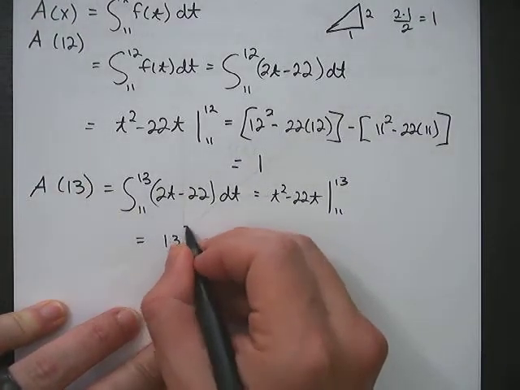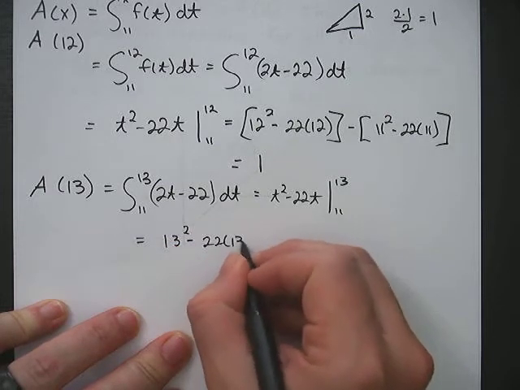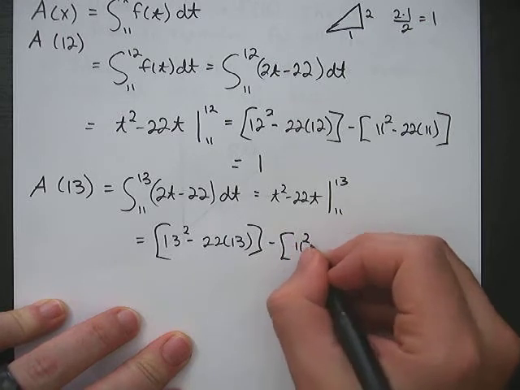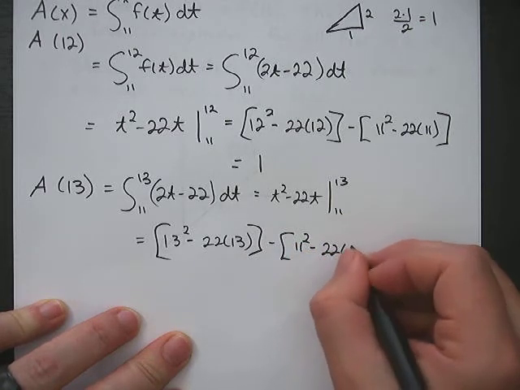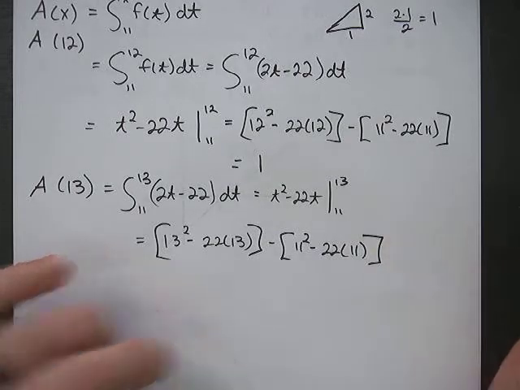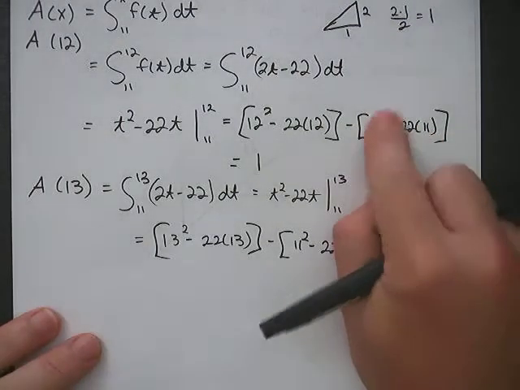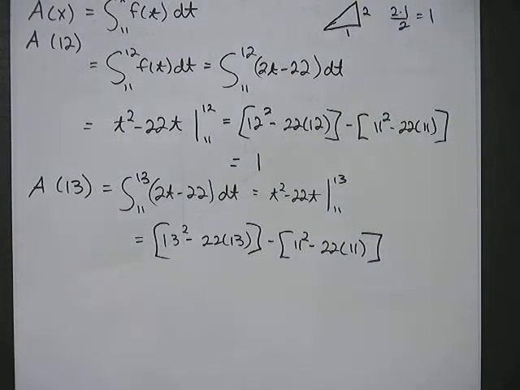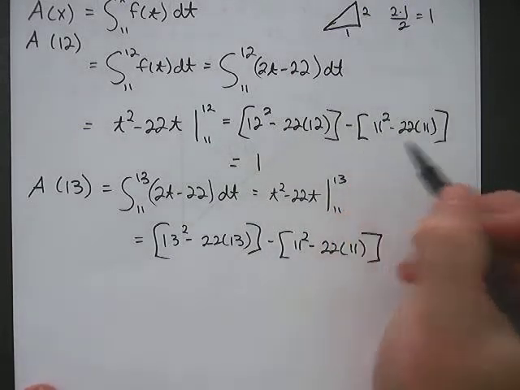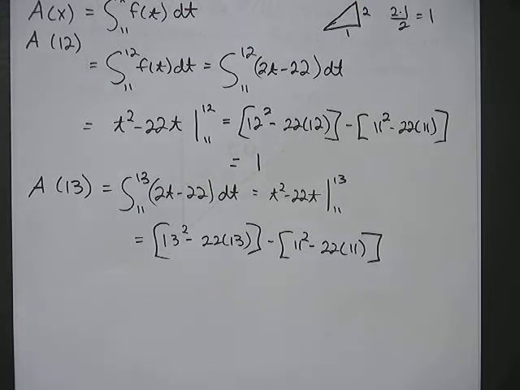It's going to be 13 squared minus 22 times 13, minus 11 squared minus 22 times 11. The inner parentheses ended up being negative 121, but with the negative, this whole thing turned out to be positive 121. That's a little shortcut you can use.